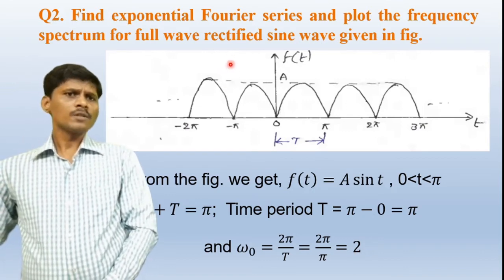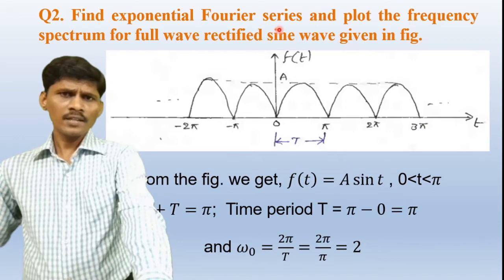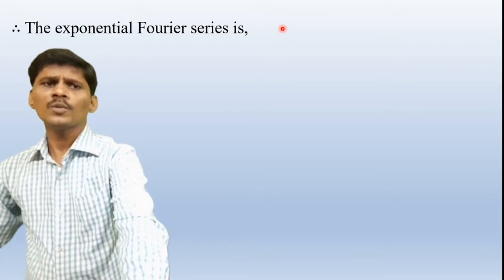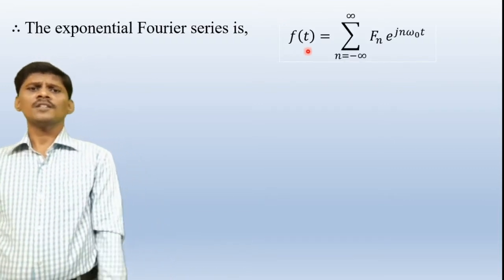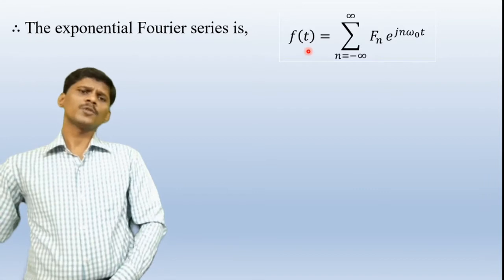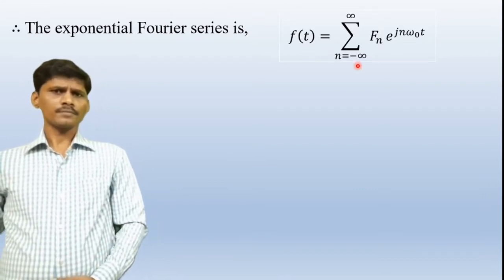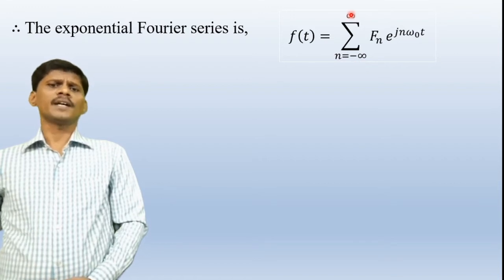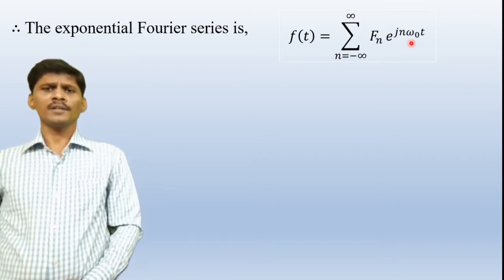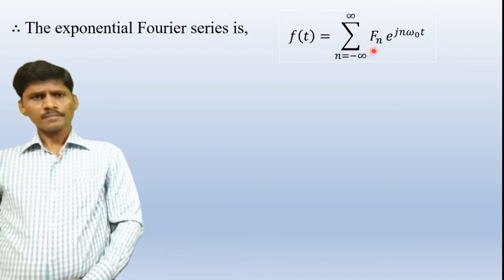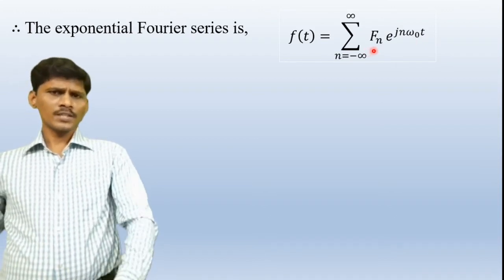So find the complex exponential Fourier series and plot the frequency spectrum. What is the standard expression of the complex exponential Fourier series? F of t is equal to sigma n equal to minus infinity to infinity F n e power j n omega naught t, where F n is the complex exponential Fourier series coefficient.